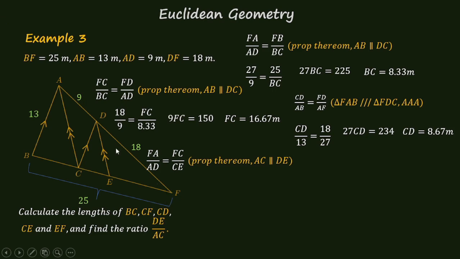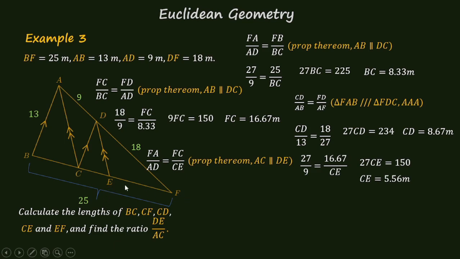In this case, when we say FA, the whole of FA, we have 18 and 9, that's 27, so it's fine. AD is given to us as 9. FC, we've just calculated, 16.67 meters. So the only missing one will be CE. It will be easier to substitute the values to find the length of CE, which is 5.56 meters.